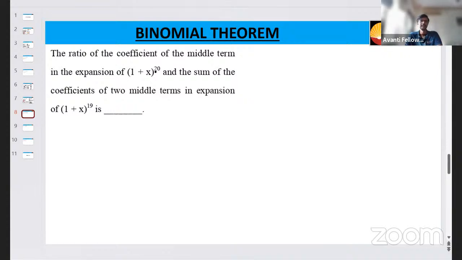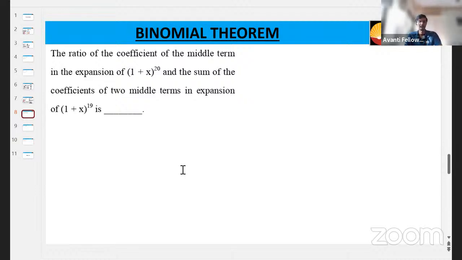So n is even. So मिडल टर्म का पोजीशन इज, अच्छा n इज इवन तो अपने पास कितने टर्म्स 21 होंगे. करेक्ट.